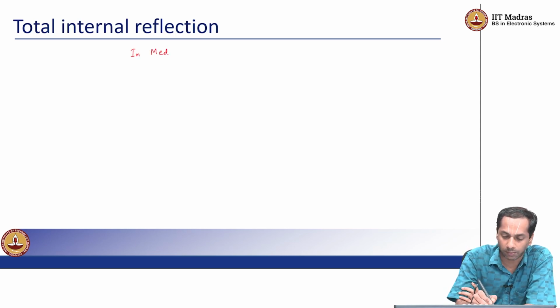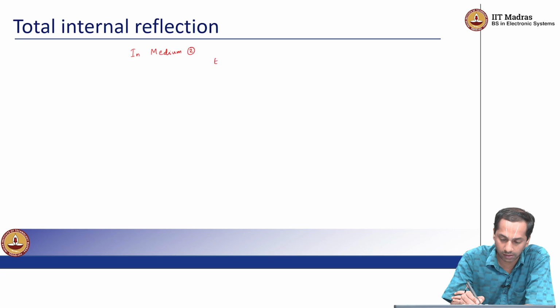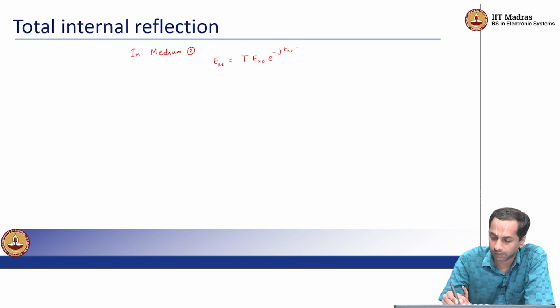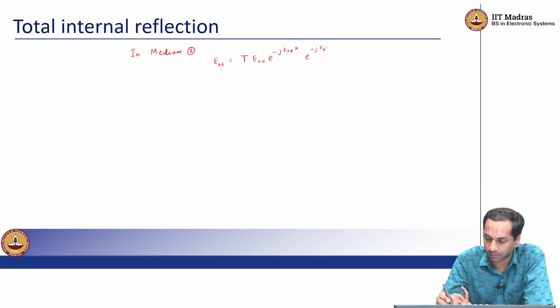So in medium 2, we can say that Ex t is t times Ex 0 e to the minus j kxt x and kzt z, right?